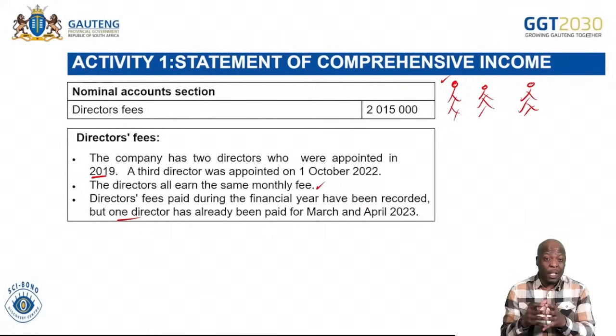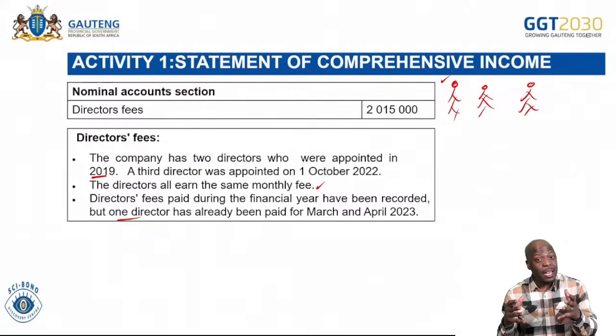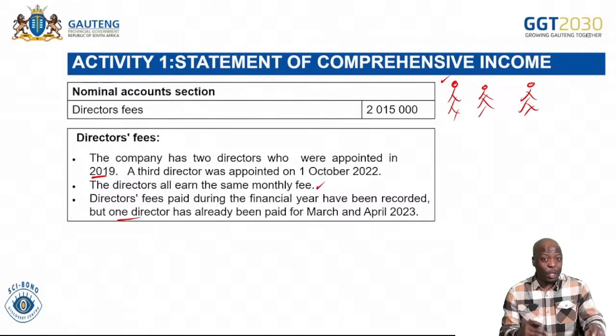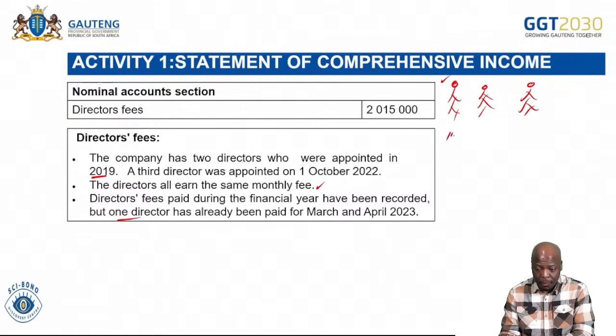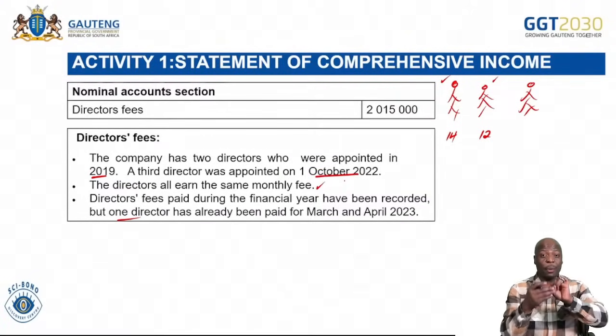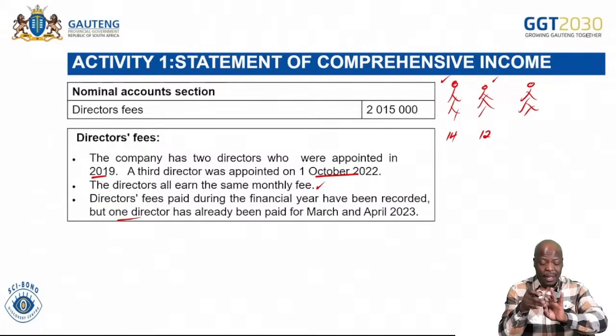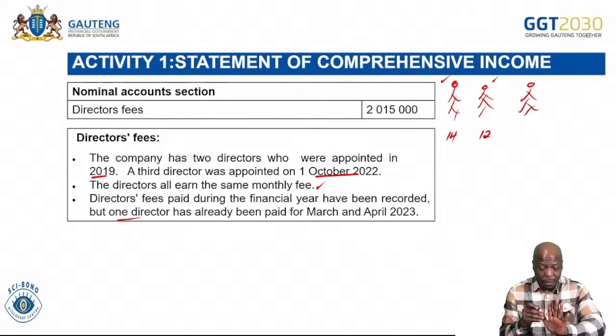We understand that our financial year ends when? In February. March and April means we're adding 2 more months to the 12. That means here we end up with what? 14 months here. And here it's what? 12 months. You still with me? All right, the first 2. And then this new director appointed on the 1st of October. So we're counting October, November, December, January, February.